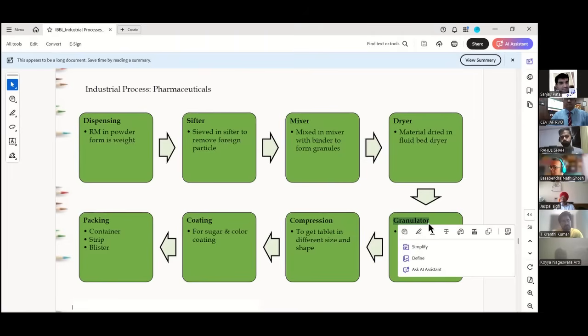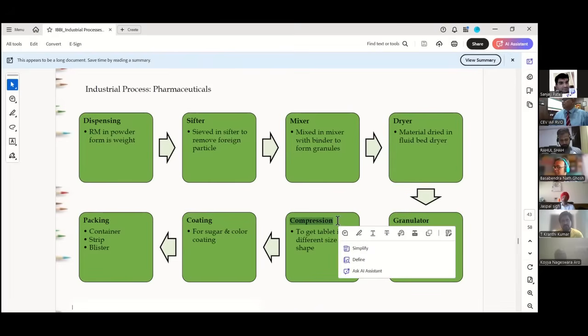Here the powder makes small balls, or say small laddu-like granules of a hard material or powder materials, and these granules go to the compression machines, the tablet compression machines. Here the granules are soft and easily break down; by applying pressure, compression, they are converted into the hard form of the tablet.